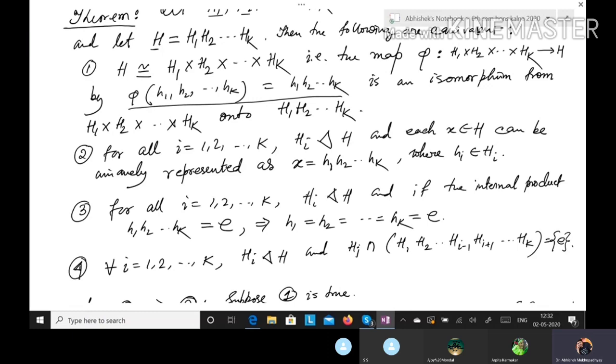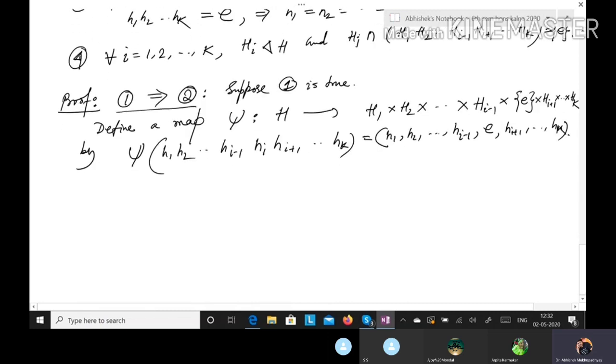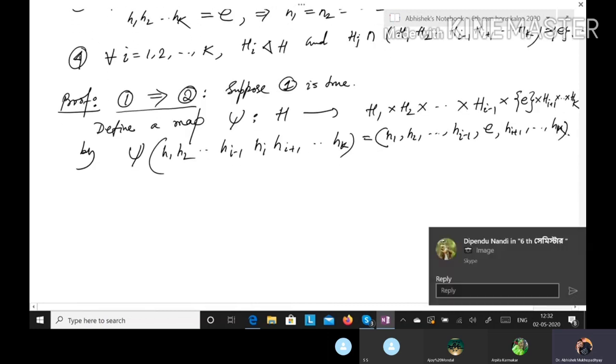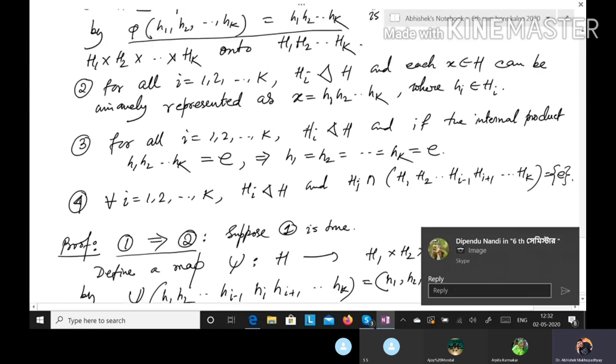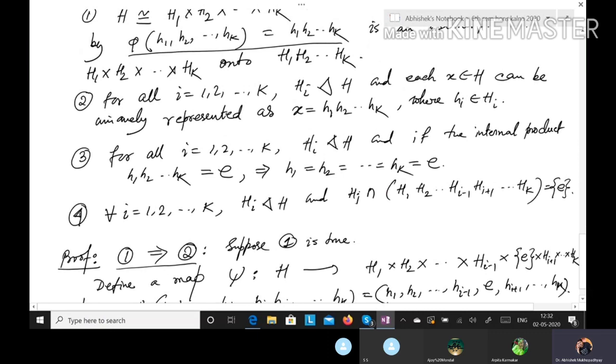So let us check. Our intention is to prove 2. So this is our goal. That is, each Hi is normal in H, and each x can be represented uniquely as x equal to the internal product h1, h2, hk.